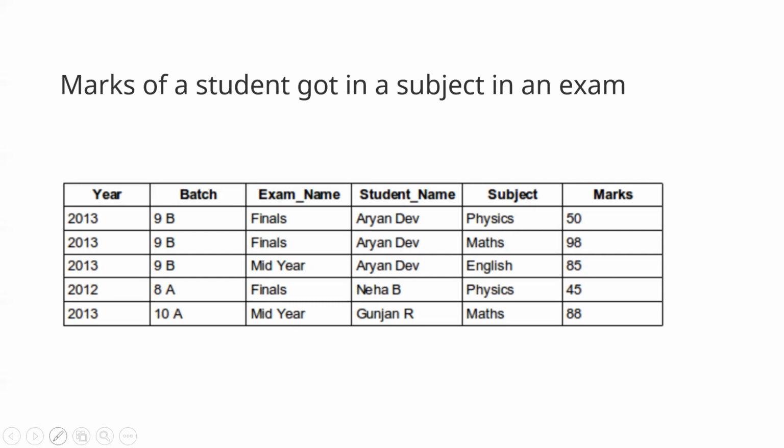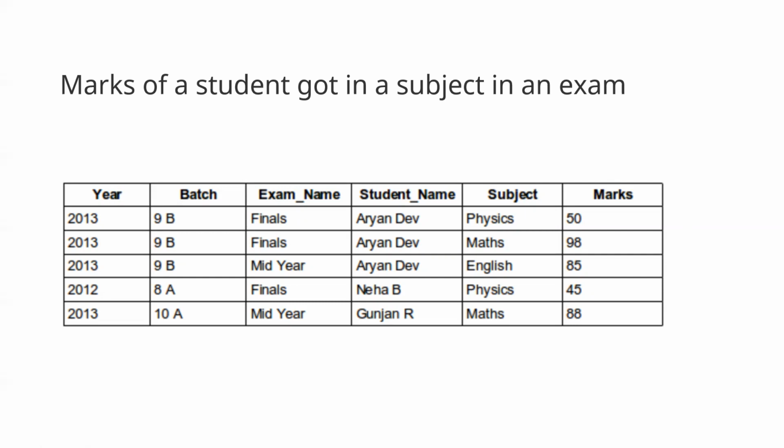It also depends. If I do not include the subject, then you can use the group by clause. We can omit the subject and just have, for the finals, Aryan Dev's total marks. Then the grain would be different for this fact table. Hopefully, I'm able to convey the message.